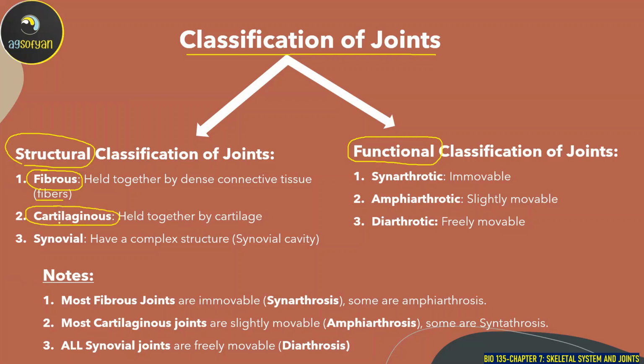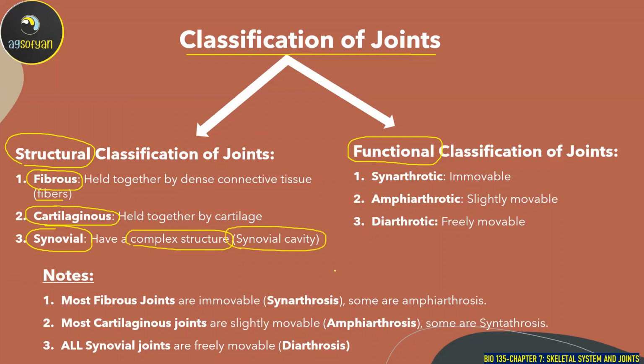And the name is also telling you there is a cartilage that joins one bone with another bone. And the last one is called the synovial joint. This is the regular joint that we know, which has a very complex structure, and they usually have what we call the synovial cavity.